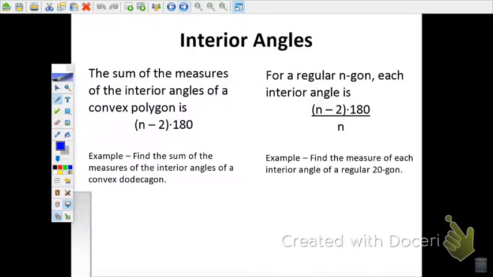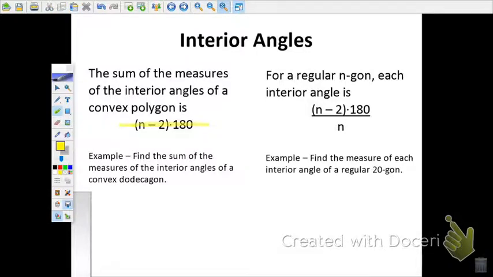The next page in your interactive notebook, as I mentioned before, is going to be looking at the interior angles, so the top two flaps in your book. On the left-hand side, it says the sum of the measures of the interior angles of a convex polygon is, and then you need to write in n minus 2 times 180.